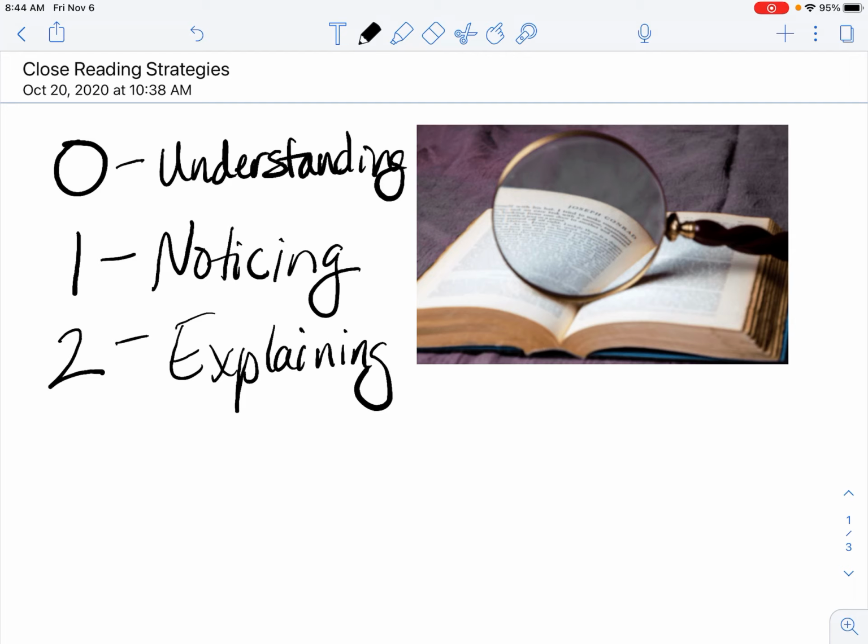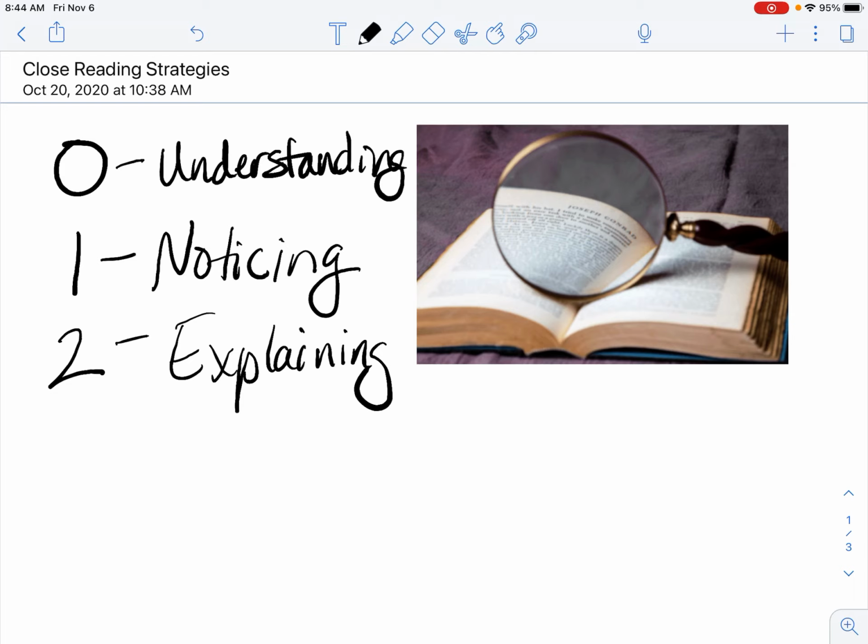Okay, so this is basically sentences or paragraphs where I'm taking the specifics of the passage that I highlighted, and I'm writing out the explanation of what impact that has on my understanding of the text. Okay? So understanding, noticing, and explaining.